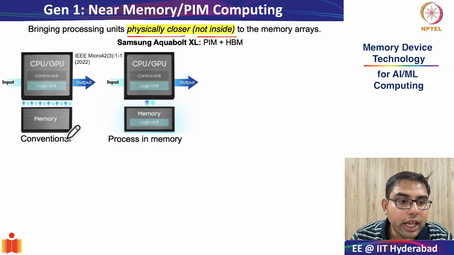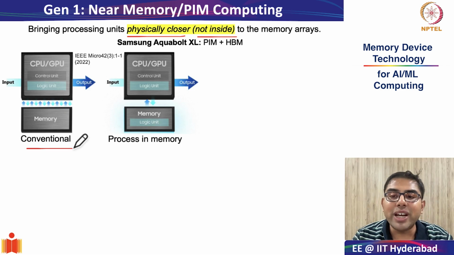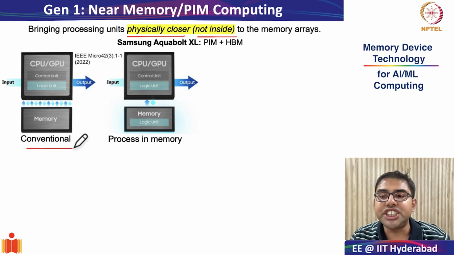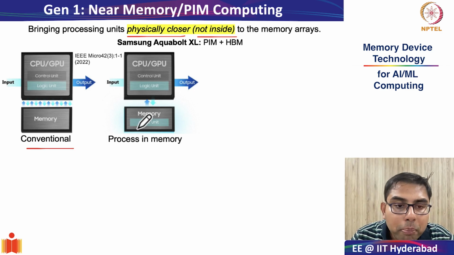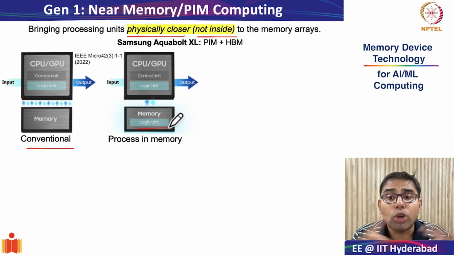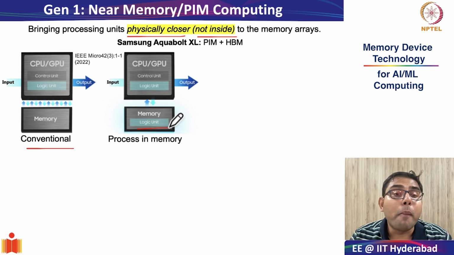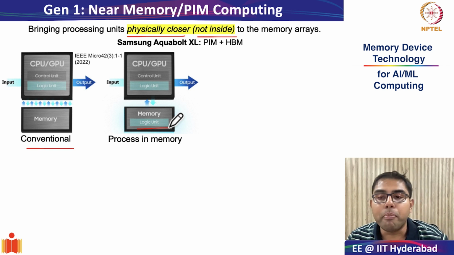So as you see, in the conventional architecture, the logic unit that normally sits inside the CPU and GPU is now placed right inside or right beside the memory chip. Now, this does not completely eliminate data movement entirely, but it dramatically shortens the distance that data has to transact between the logic and memory elements.